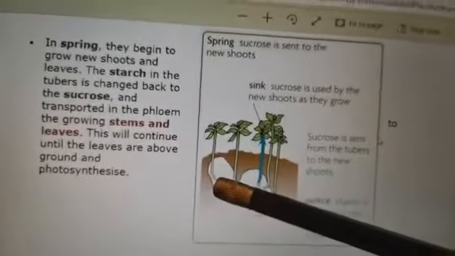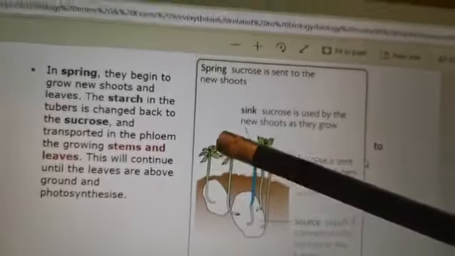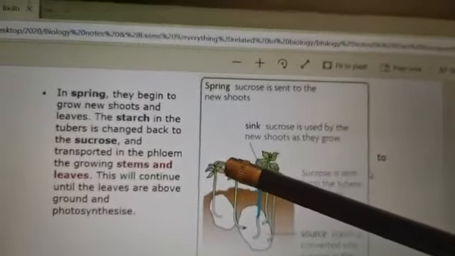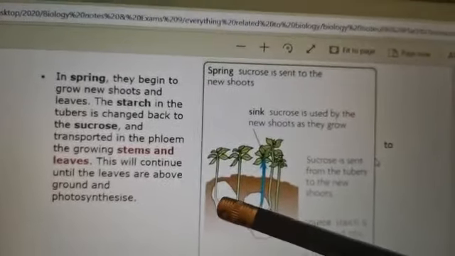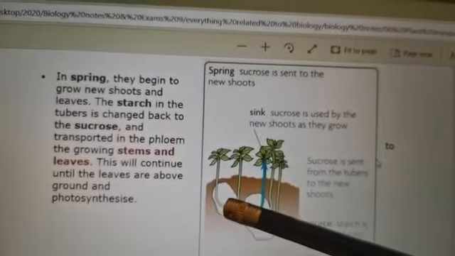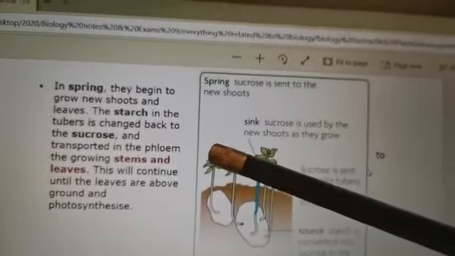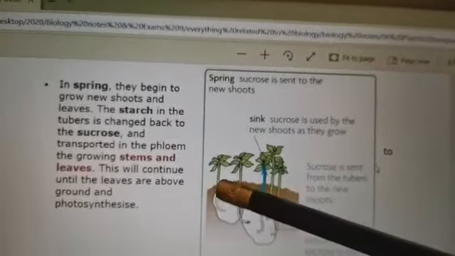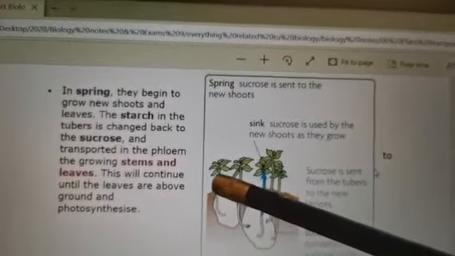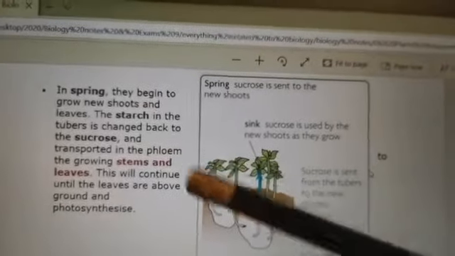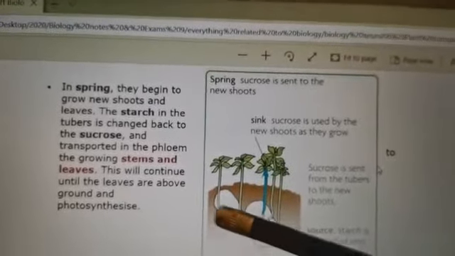At that time, what is happening? The sink and the source are changing. Before, in summer, the leaves were the source, but in spring the tubers are the sources and the leaves are the sink, because they are utilizing that energy to grow stem and leaf. Who is helping? The tubers.